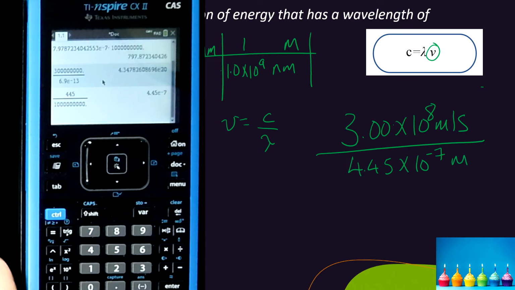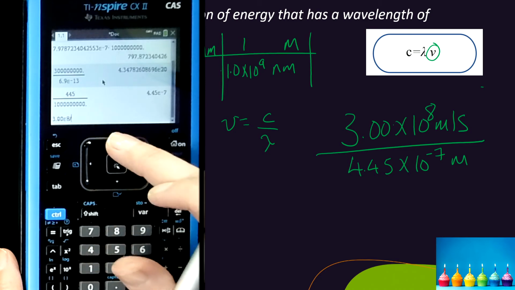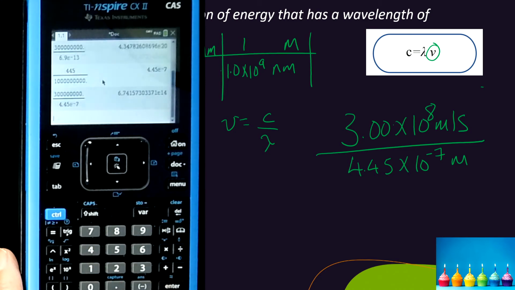So now we're going to take our 3.00 EE8 and we'll divide it by that, and we see that we get 6.74 times 10 to the 14th. And our unit, we're looking for frequency, is going to be hertz, or s to the minus 1.